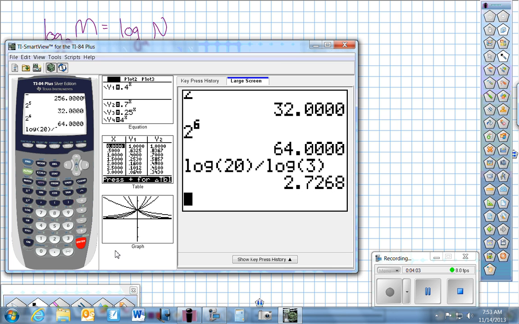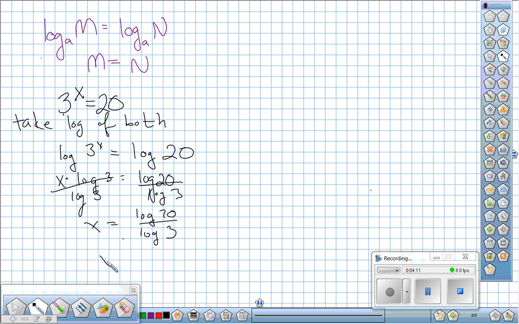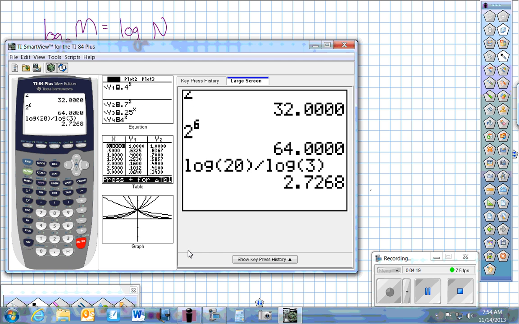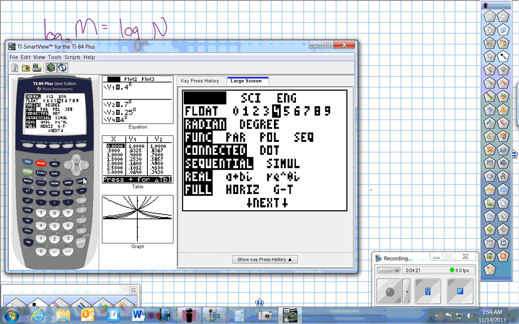Okay, and then I push enter, and I get 2.73. So x equals 2.7. Your book asks you to do it out to a few decimal places, a few more than I've been having you do.